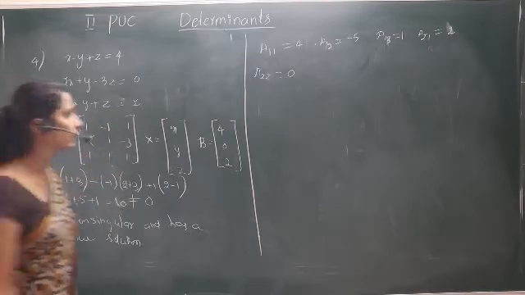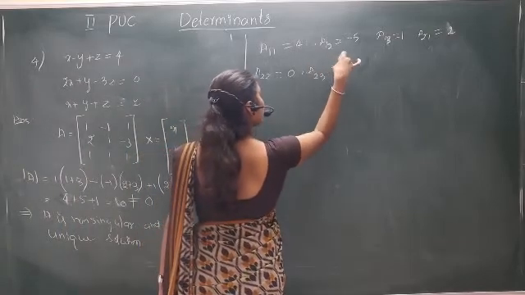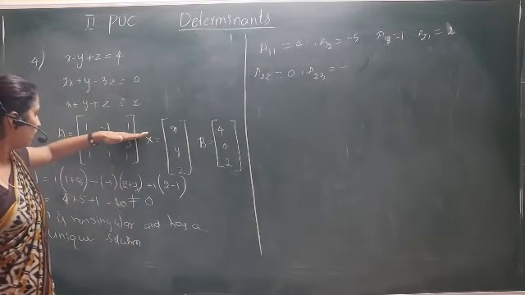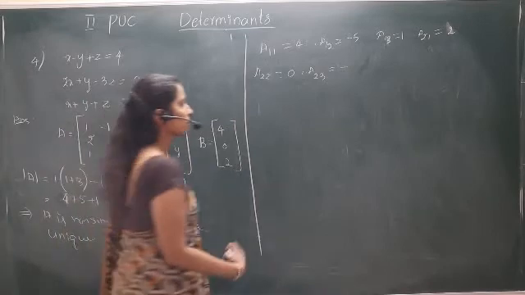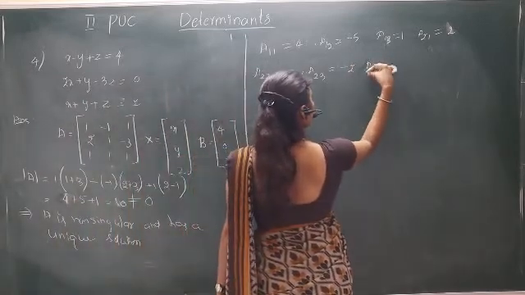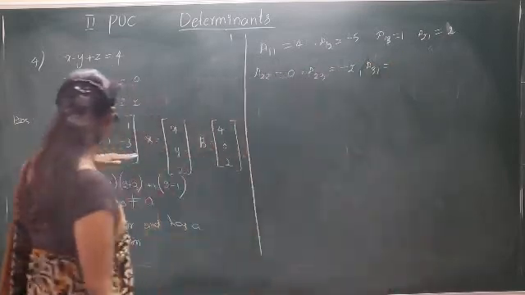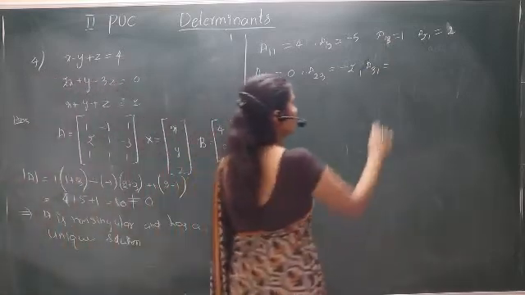Next A23 is minus of deleting this, 1 plus 1 is 2, so it is minus 2. Next A31 is again plus, so by deleting this we get 3 minus 1 is 2.